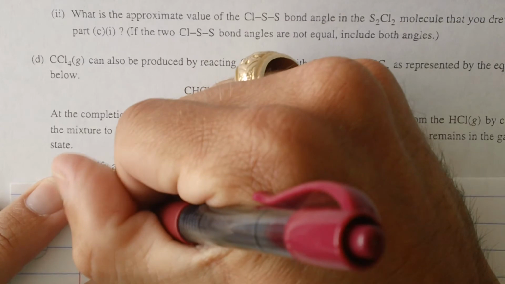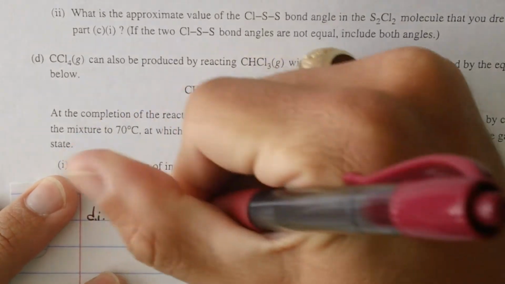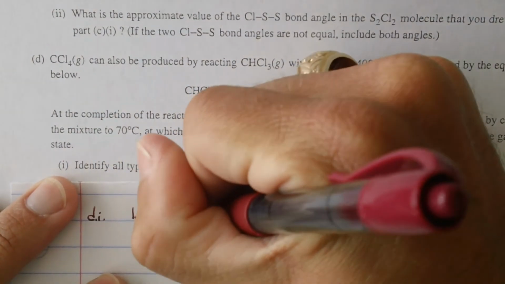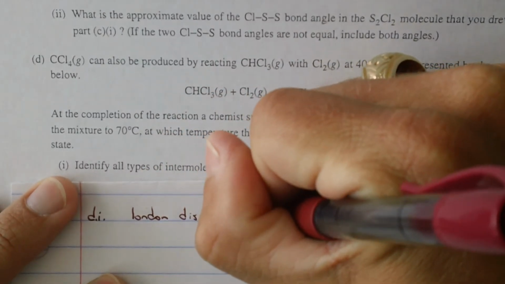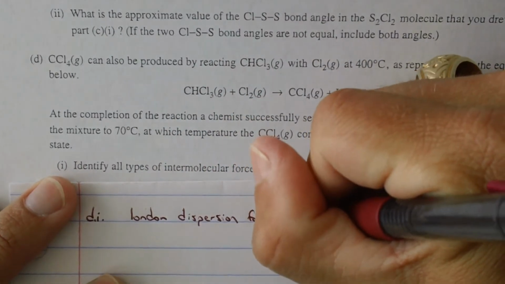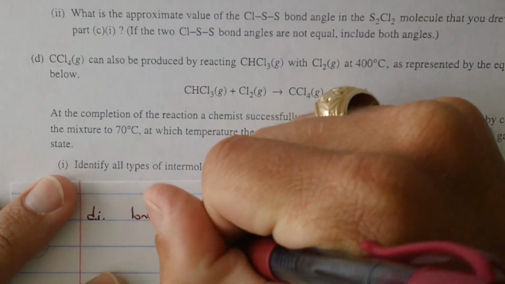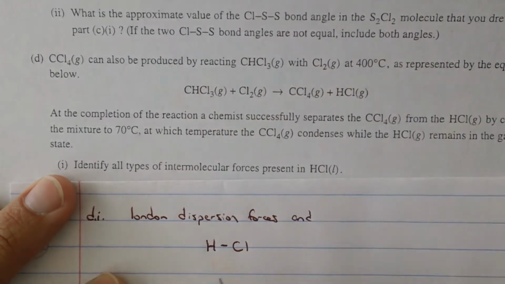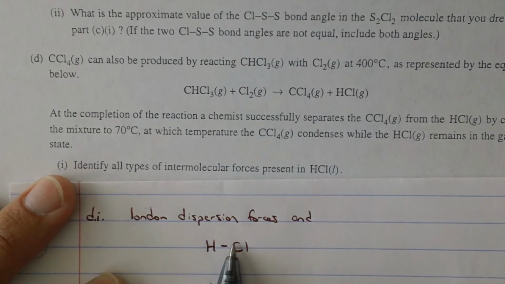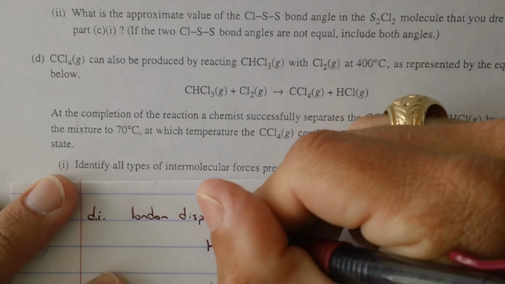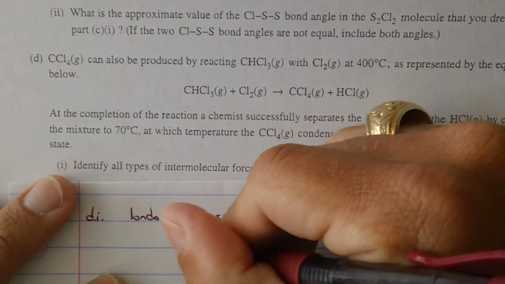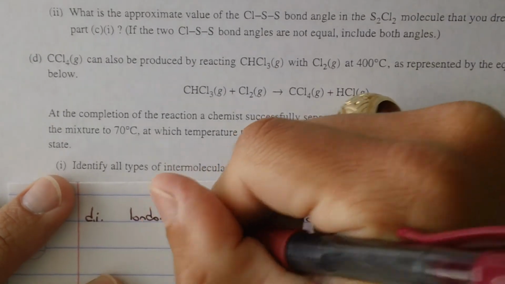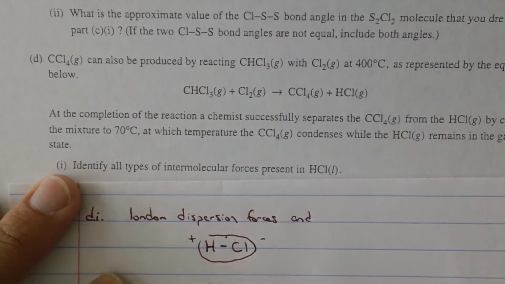everything has London dispersion forces, so it has London dispersion forces. And you don't have to draw anything, but you've got to recognize that that chlorine wants the electrons, has a greater electronegativity than hydrogen. And so the electrons are spending more of their time on the chlorine side, which means that molecule is going to have a negative and positive side on it.